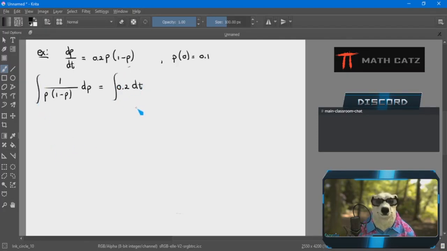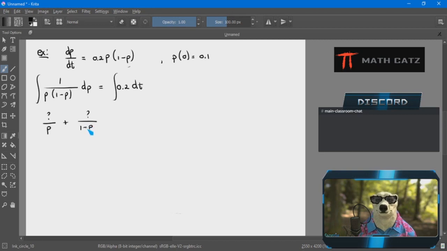Now the right hand side, super easy. The left hand side, not so much. Now I don't want to go into too much detail here. We can expand this and break it up over this not common denominator as much, but if I have a product in the denominator, I can split it up as something, and we'll get into the something in a second, over the first factor plus something else over the second factor.